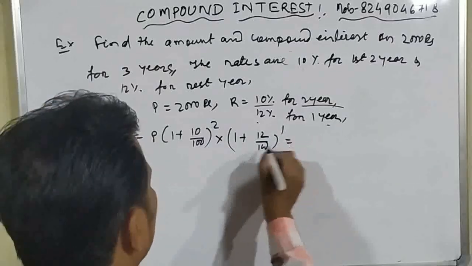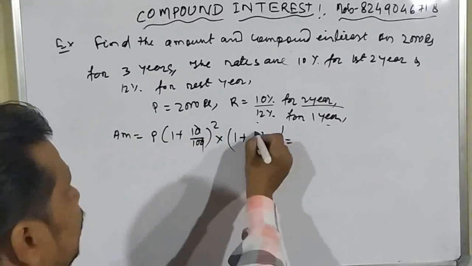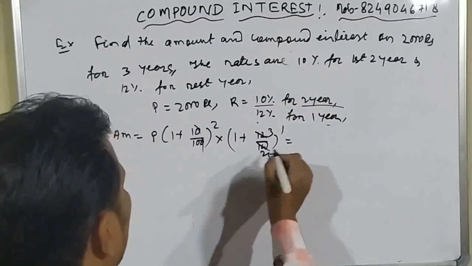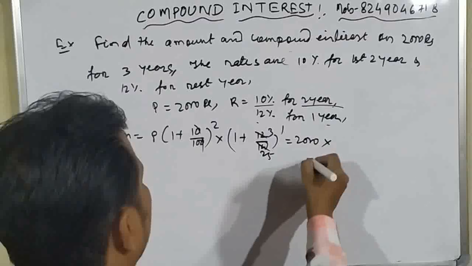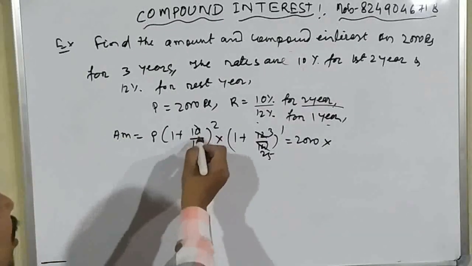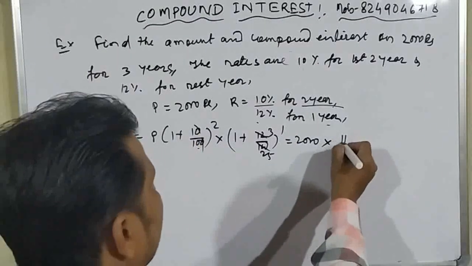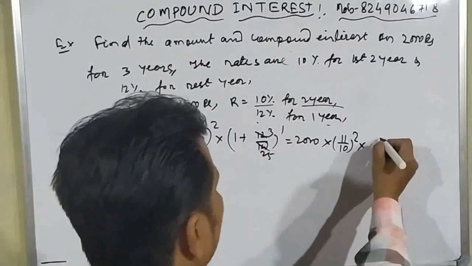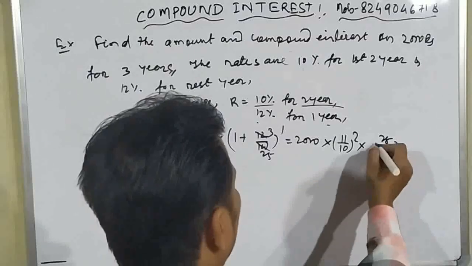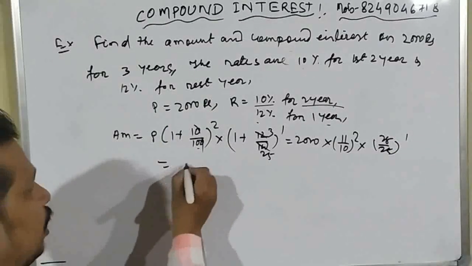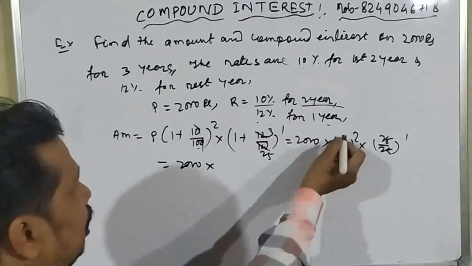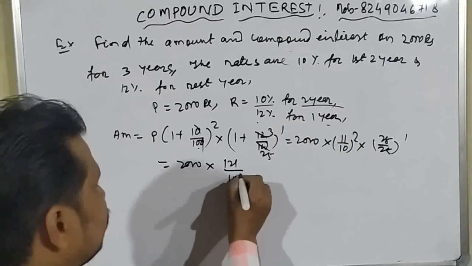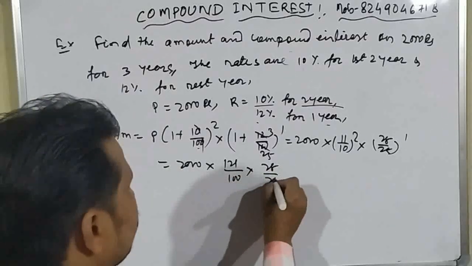So 12 by 100 cancelled, it is 3 by 25, so 1 plus 3 by 25. So the principal is 2000 into, 10 by 100 means 1 by 10, so it will be 11 by 10 whole to the power 2, into 25 plus 3, 28 by 25 whole to the power 1. Finally, 2000 into 11 by 10 whole square means 121 by 100, into 28 by 25.